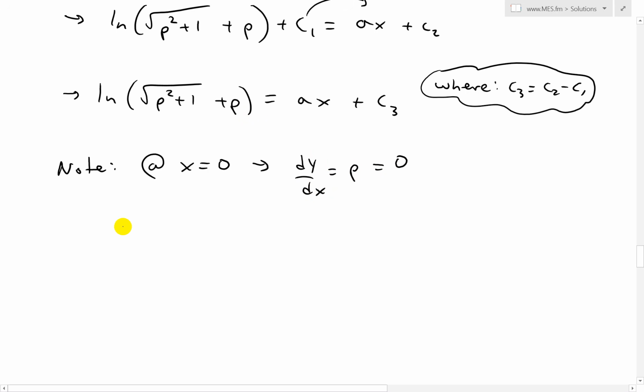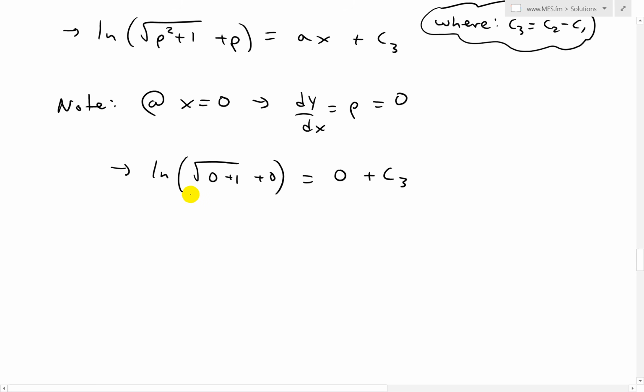So we could plug that in, and we get ln of the square root of 0 squared plus 1, plus 0, equals 0 plus c3. What we end up getting is that the square root of 1 is just 1. So we get ln of 1 equals c3.